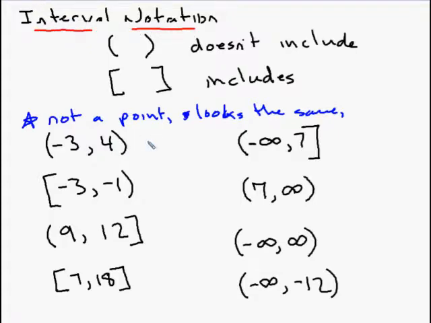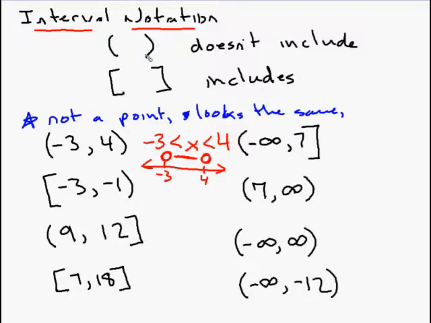We actually mean -3 is less than some number, we'll just call it x, but it can be anything, which is also less than 4. So I'm thinking that x is between -3 and 4, and on a number line it might look something like this. Here's -3, here's 4. Open circle to mean not including, and open circle to mean not including, and between those, x, or our number that we're talking about, is between -3 and 4.